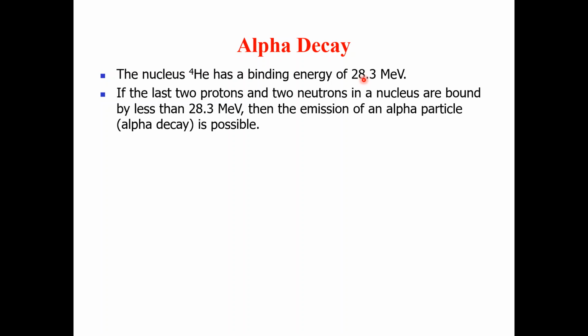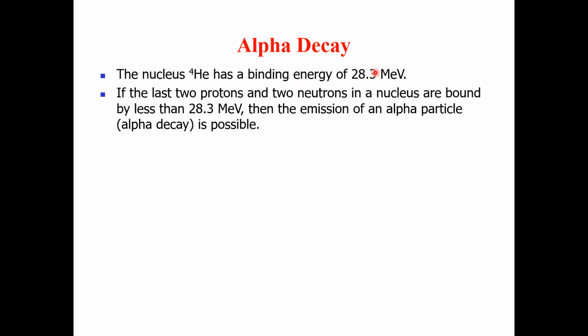This much binding energy is needed to hold two protons and two neutrons in the form of an alpha particle. So you should understand, if the two protons and two neutrons in a nucleus are bound by less than 28.3 mega electron volt, then the emission of an alpha particle is possible.